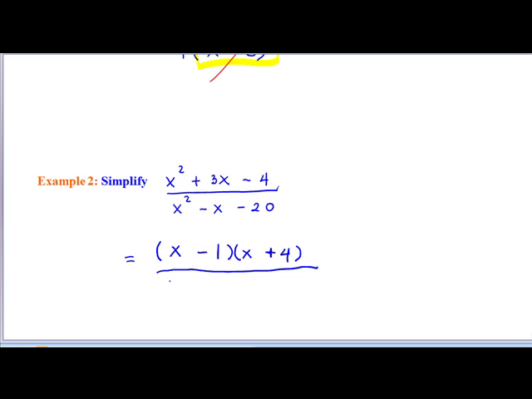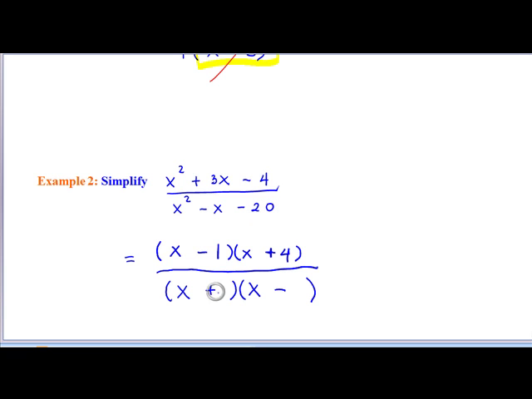So now in the bottom, we factor again. I have x here, x there. This minus sign here, once again, tells us we have two opposite signs. We have to put them in.